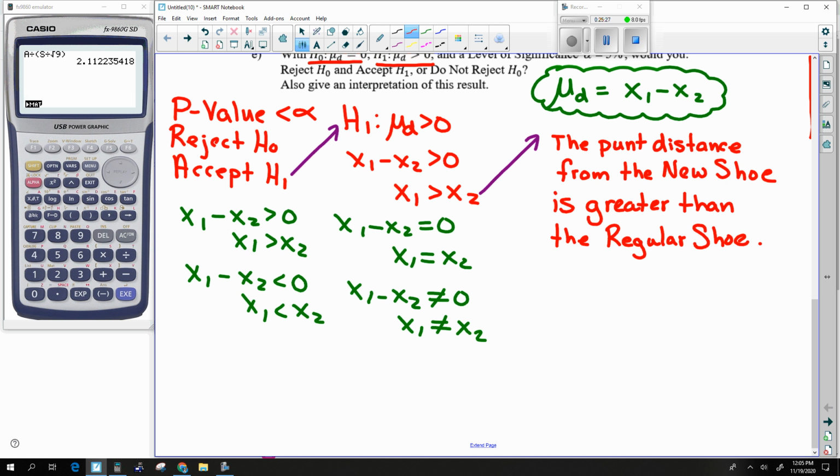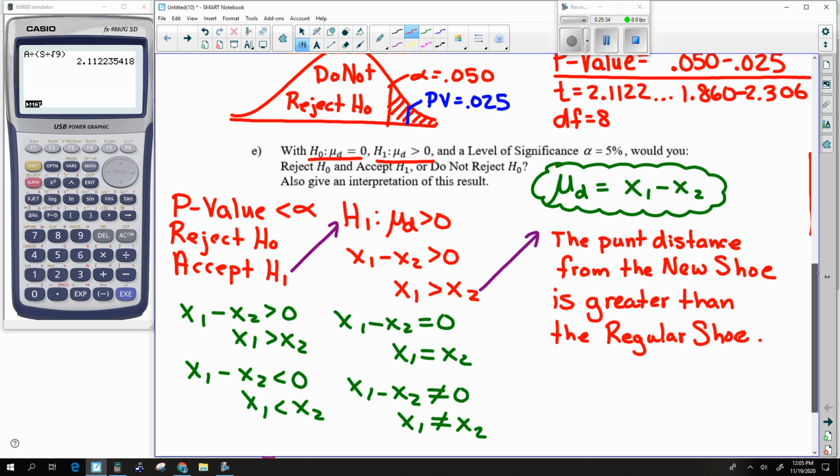The punt distance x1 is greater than x2. So again, you have to have the stuff that is written in red there.